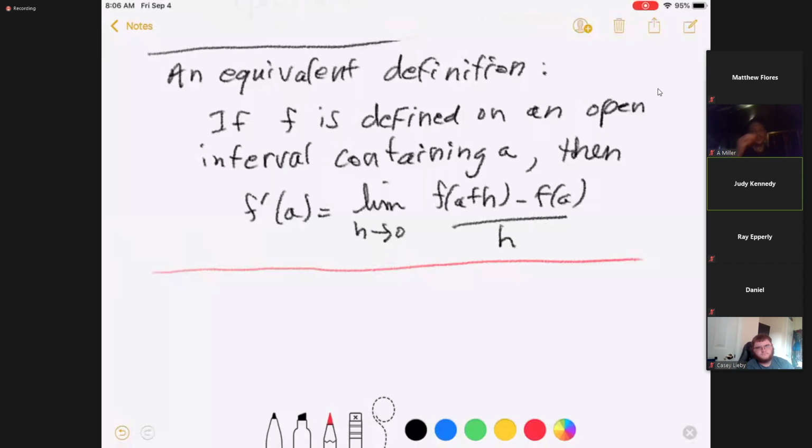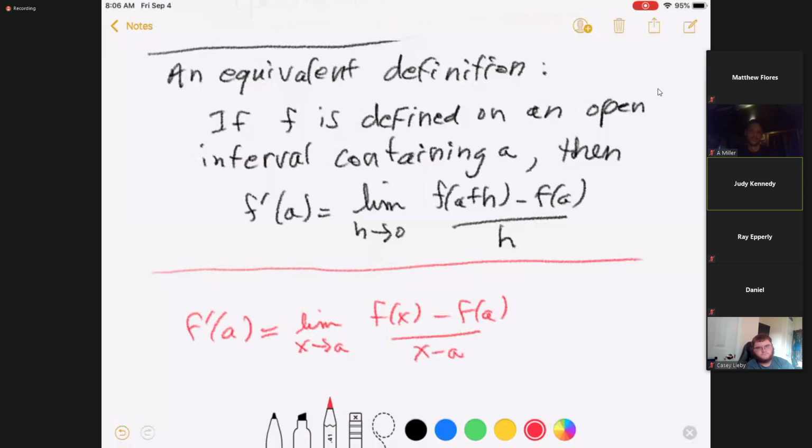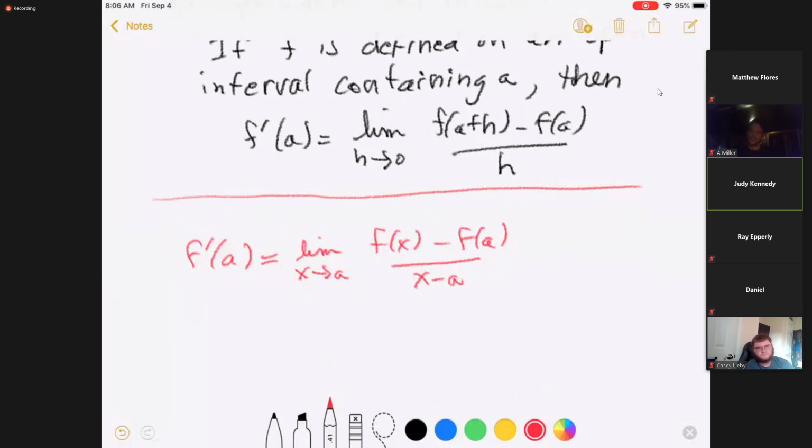Okay, so with the other definition, we can write x as a plus some number.